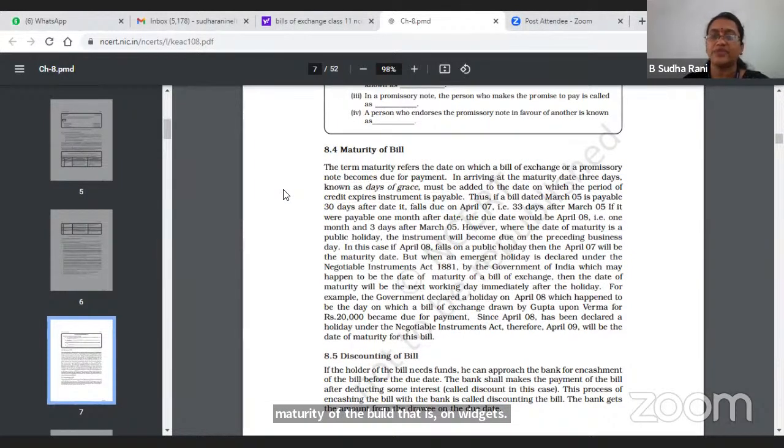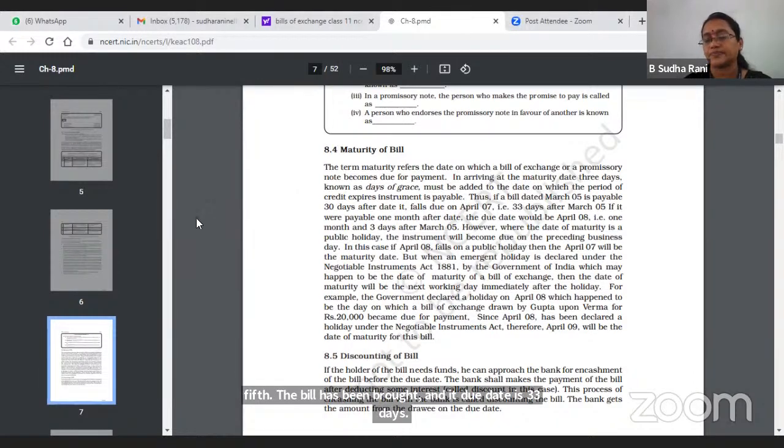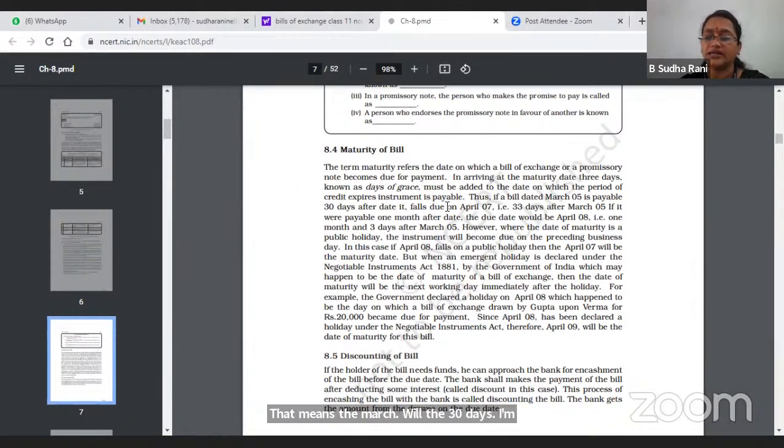Say, for example, if the bill is drawn on March 5th and the term is 33 days, then from March 5th to April 5th is 30 days, plus 3 grace days. For every bill payment, 3 grace days must be given.